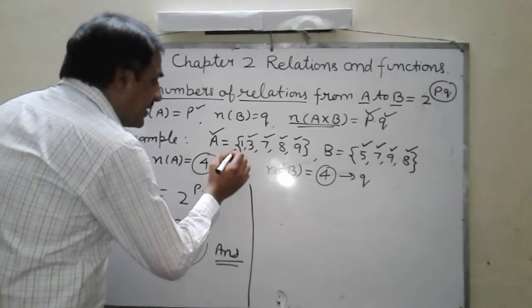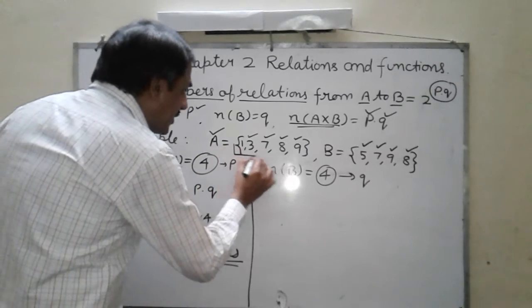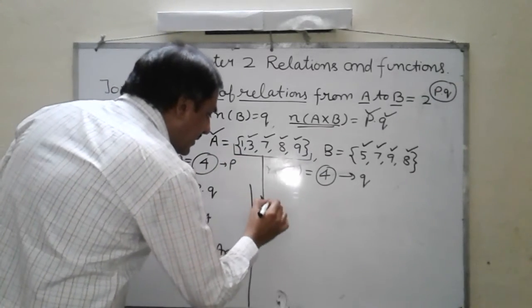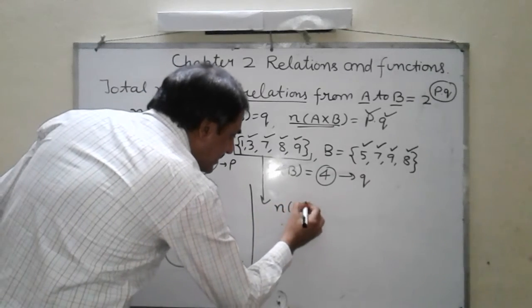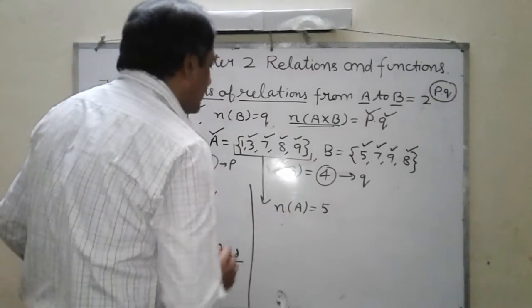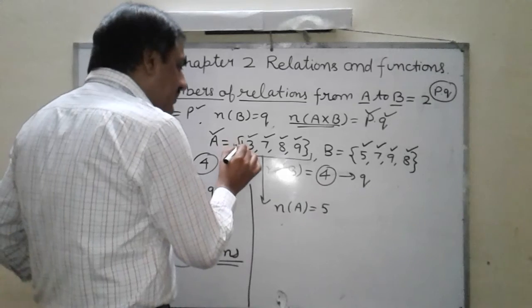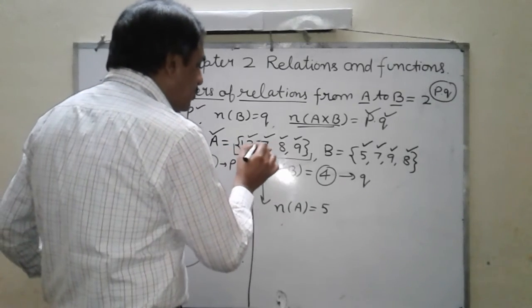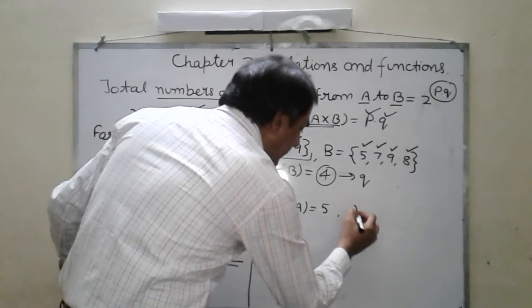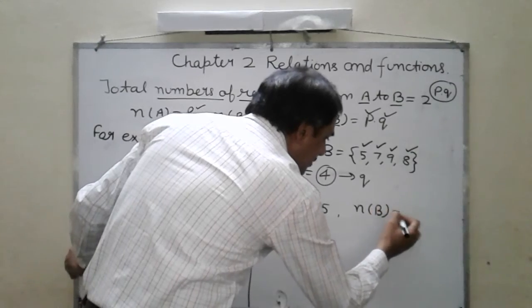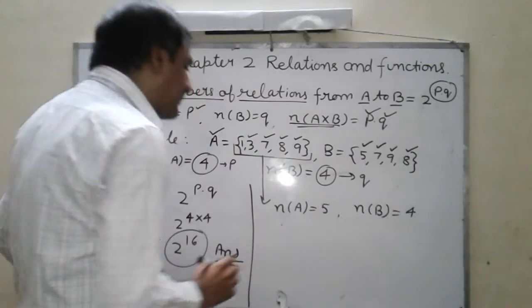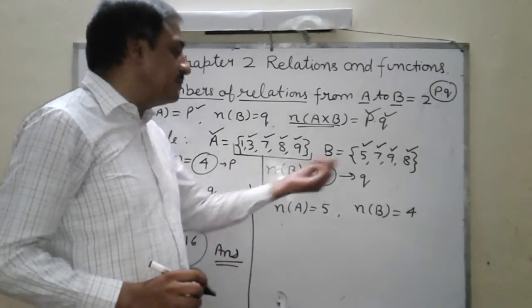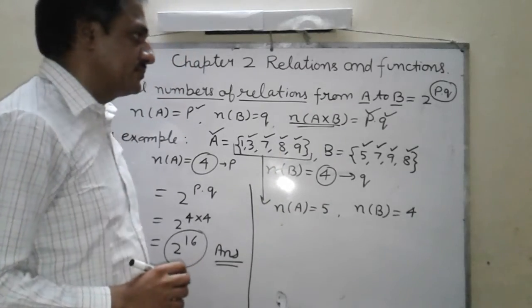Here n of A is equal to 5 because it has 5 elements 1, 3, 7, 8, 9, that is 1, 2, 3, 4, 5, and the number of elements of set B is equal to 4.